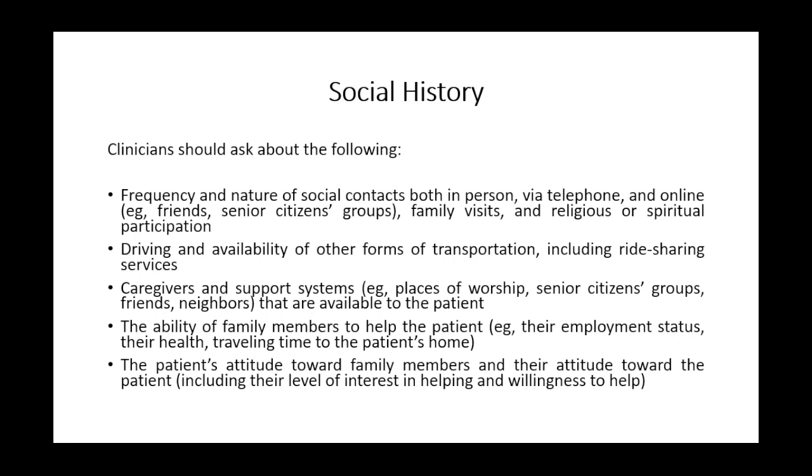Clinicians should ask about the following: frequency and nature of social contact, both in person and via telephone and online, family visits, and religious or spiritual participation, driving and availability of other forms of transportation, including ride-sharing services, caregivers and support systems that are available to the patient, the ability of family members to help the patient, their employment status, their health, traveling time to the patient's home, the patient's attitude toward family members, and their attitude toward the patient, including their level of interest in and willingness to help.